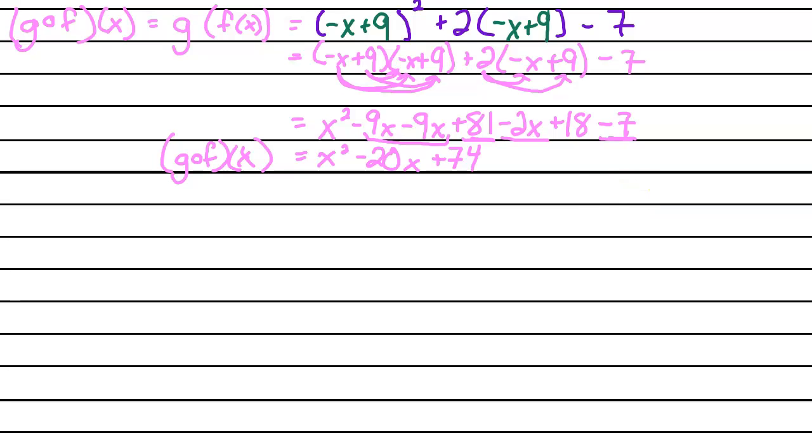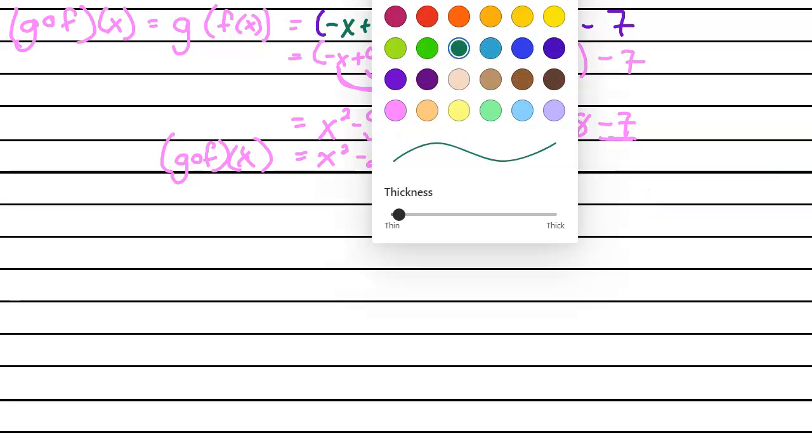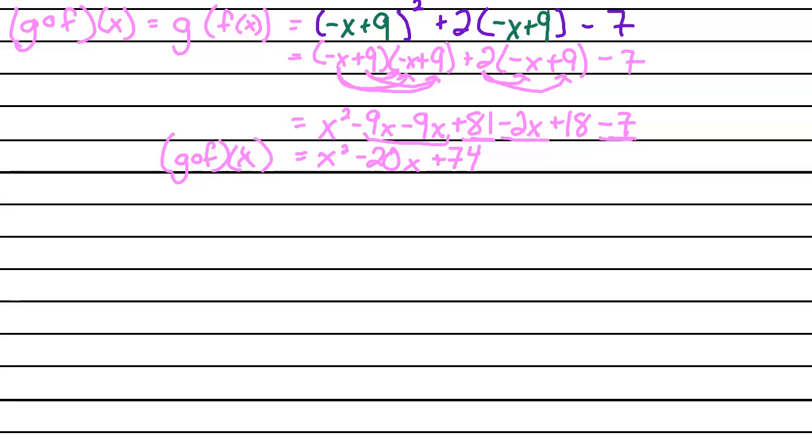Now, if I have one that has a number, and it really doesn't matter if I have f of f of, let's say, negative 2.